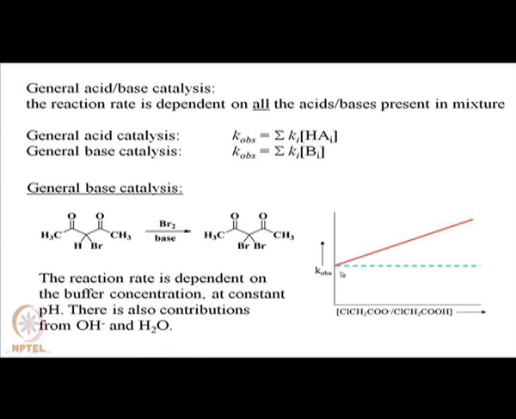So, this part is accounting for this line, that is, there are also contributions from OH minus and water. Thus, for general acid base catalysis, the rate of reaction depends on the buffer concentration as well, which is evident from this plot.